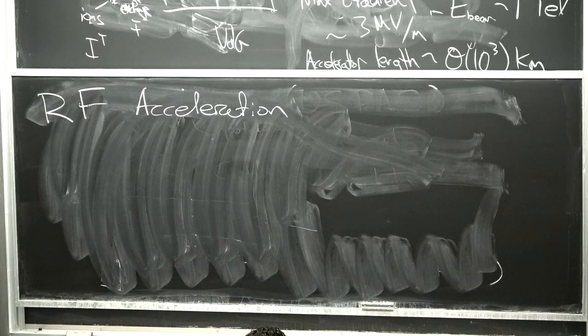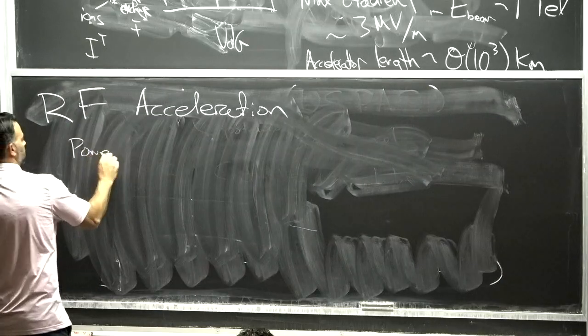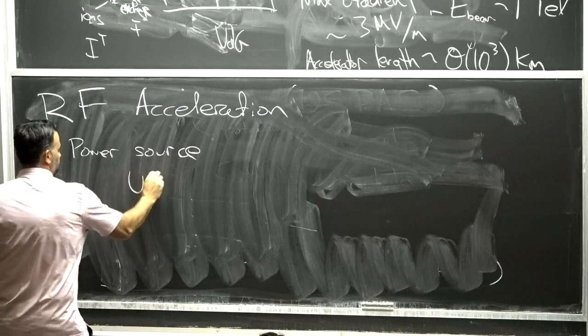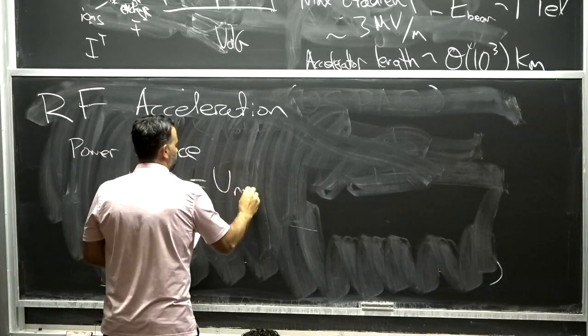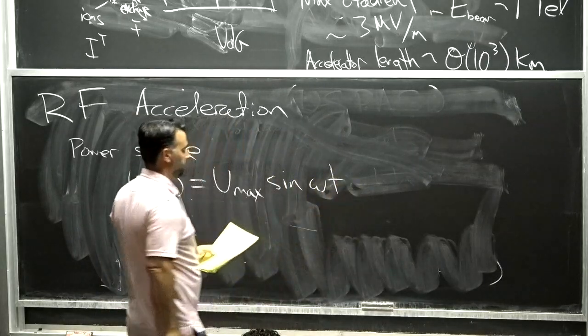Okay? We have them all around in terms of radio, radar, where these things were invented before. And so we can always come up with a power source that has a frequency and a potential. So we have our potential that varies. We have some Umax, and we have some frequency, omega t, that it's varying with.